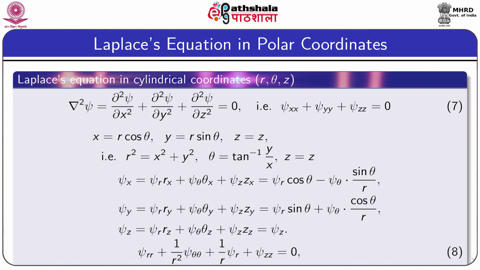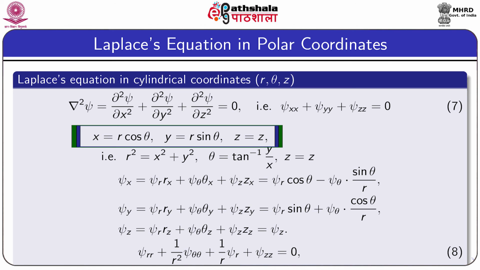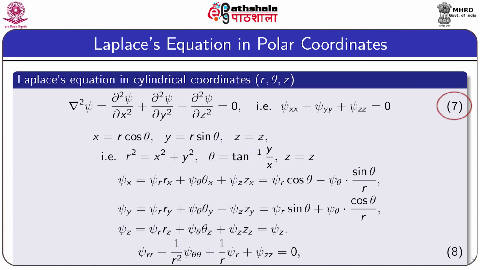This is the relation between Cartesian coordinates and cylindrical coordinates: x equals r cos theta, y equals r sin theta and z equals z. So, using this transformation, one can transform equation 7 to equation 9. The detailed calculation can be found in the e-text.